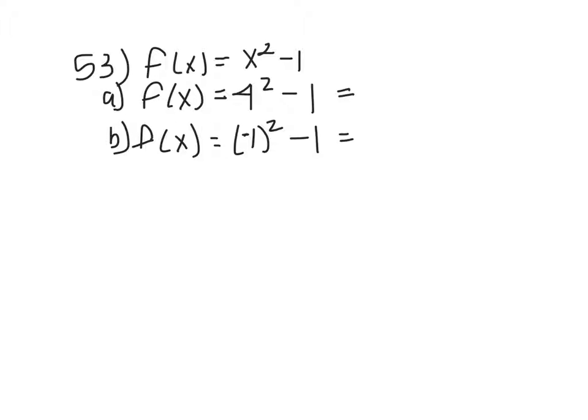That's your answer. Also on B, they want us to tell them what would happen if I input 10. What is 10 times 10? And now you subtract 1 from that number, what do you get? There's your answer for the second part of B.